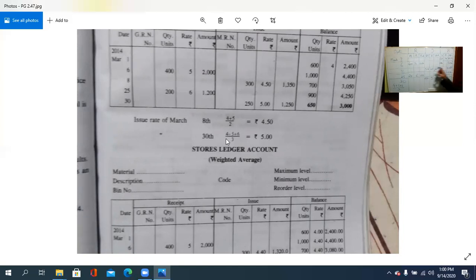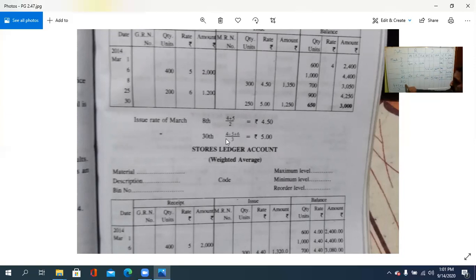Simple. Then on the 25th, 200 units are received at rupees 6. So another price comes. So 6 into 200, 1,200, that is to be added here. 3,050 plus 1,200 is 4,250, and 700 plus 200 is 900.